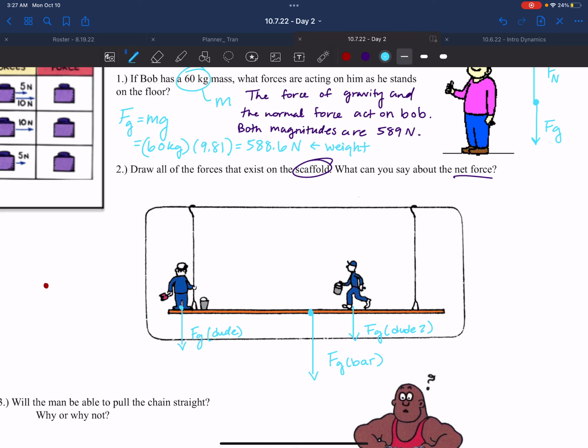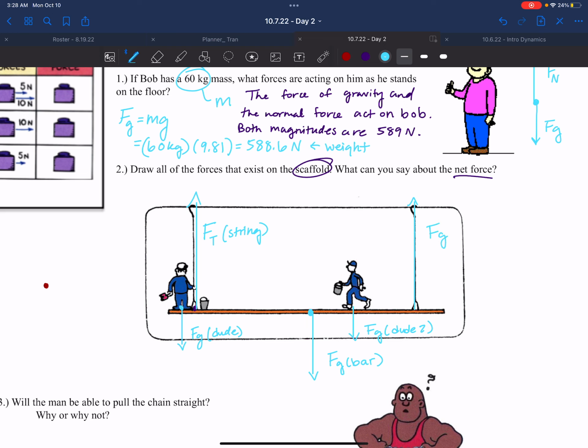And also, because there is a string that is being connected to this bar, there is a force of tension due to the string. And the same thing going on here.